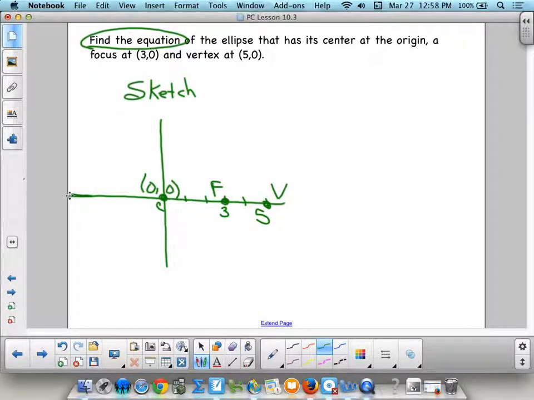Same thing, right? 1, 2, 3, focus, which would be negative 3. And then this would be 1, 2. This would be the vertex, negative 5. Oh, by the way, the major axis is horizontal, which tells me the A will go under X or Y?